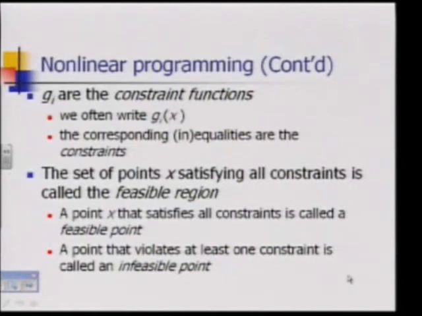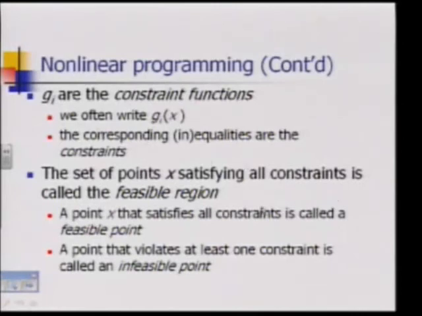I think some of you already know, because during the introduction some already mentioned certain mathematical terms that we are going to use to characterize the solution for some problem. And look at this. We have, in general, more than one constraint. Sometimes we use H for equality constraints and G for inequality constraints.